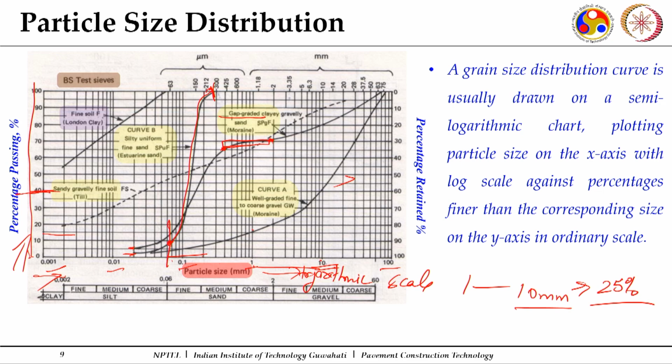So, this becomes a uniform graded soil, and on the basis of sizes, I can say it is a silty soil, or a sandy soil, or a clay soil. So, this gradation curve gives me an idea whether it is well graded, uniform graded, or gap graded.